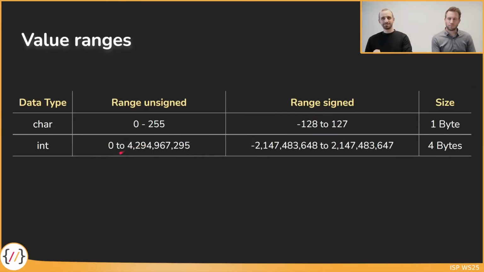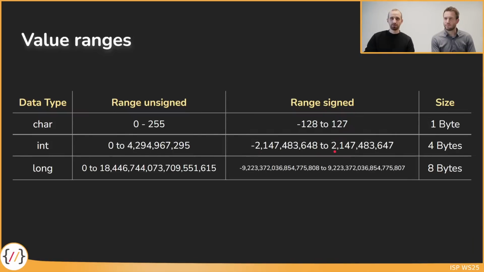You could also do that for integers, for example, but the numbers are getting huge now. Integers, if it's unsigned, you can have a range from 0 to 4 billion. Yeah, 4 billion and many million. If it's in the signed range, you can see it's again half, so from -2 billion to +2 billion. For long, it's getting huge for unsigned, and it's also getting huge for signed.